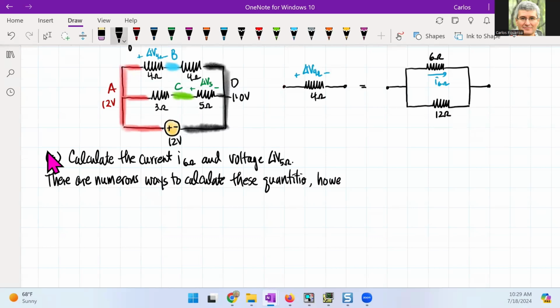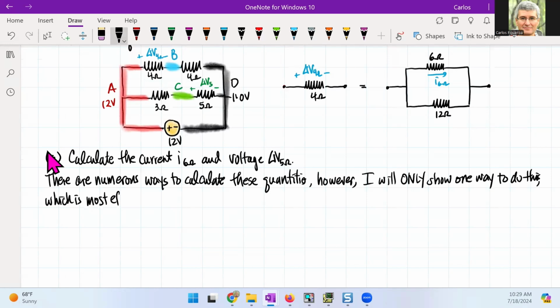However, I will only show one way to do this, which is most efficient.